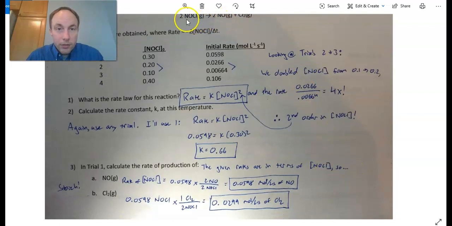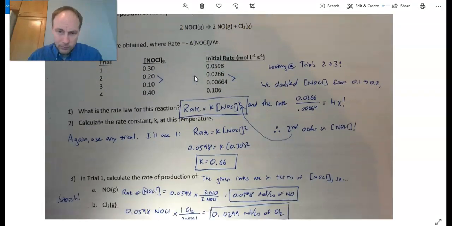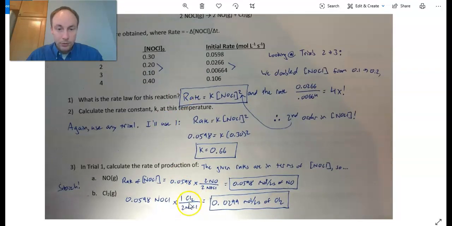For every 2 NOCl that you use, you're going to make 2 NO, and so that's summarized right there in the little ratio. And so the rate of trial 1 in terms of NOCl, multiply by 2 over 2 to get the same rate for NO. For Cl2, if you notice, we only make half as much Cl2 as we use NOCl, and so I have a 1 to 2 ratio here, just like in stoichiometry, and I get 0.0299.